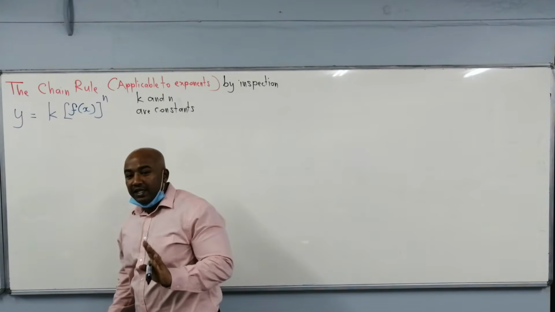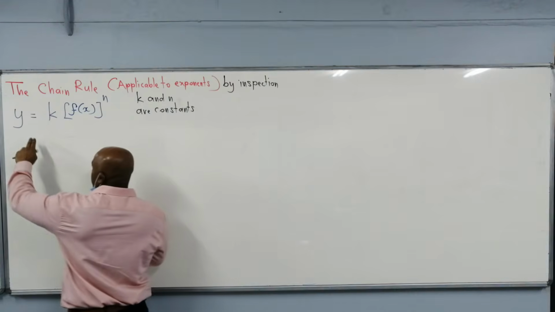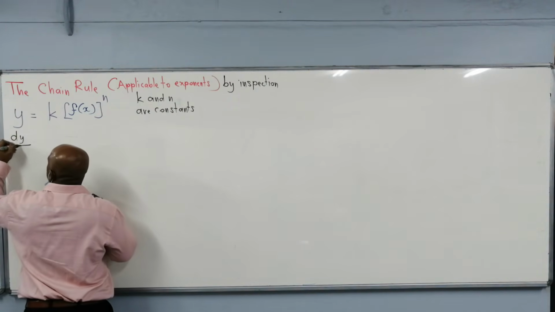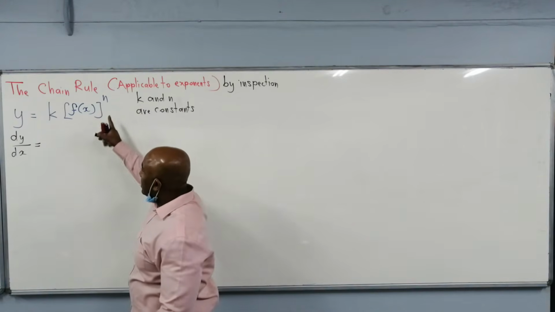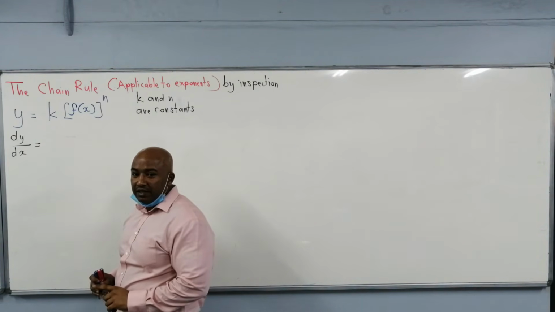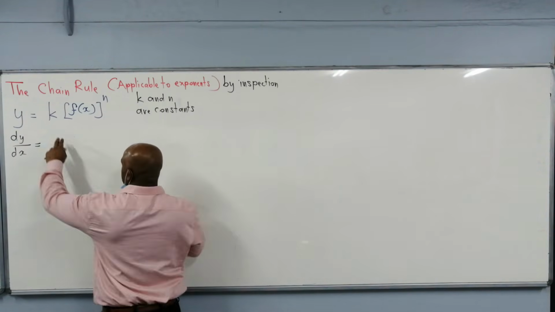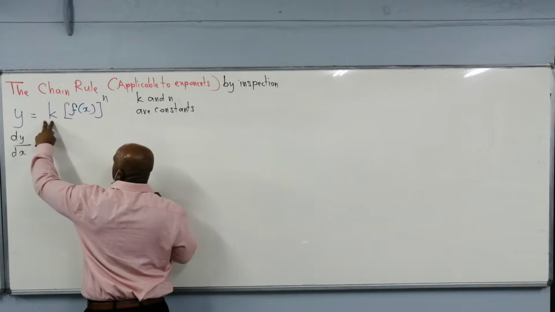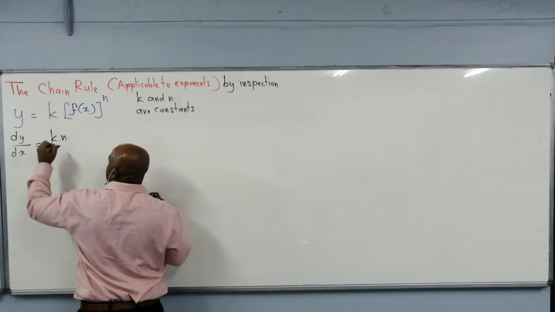Two methods when we're dealing with exponents. Right, so if I want to differentiate this here, I'm going to go dy over dx. So now, this is similar to the first formula. When you have an exponent, you take your constant or your coefficient, multiply it by the power, so that's k times n.